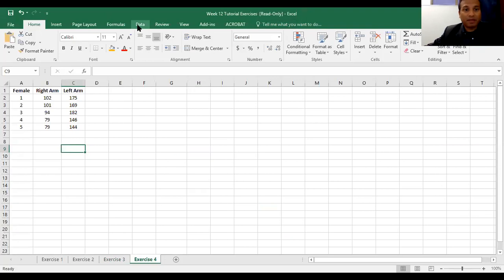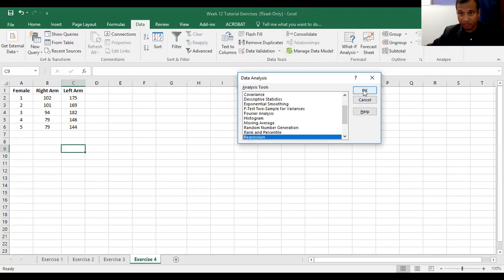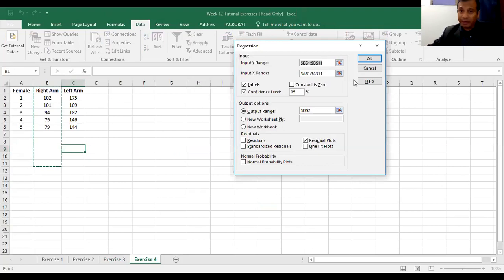Maybe I will leave the scatter plot, and I will just try to have the regression one. Over here, again, the question is which one is X and which one is Y. Look at the output. In the output sheet, the right arm has been kept in the regression statistics.